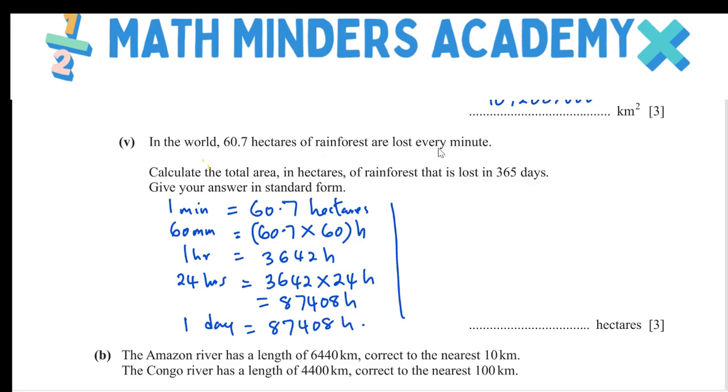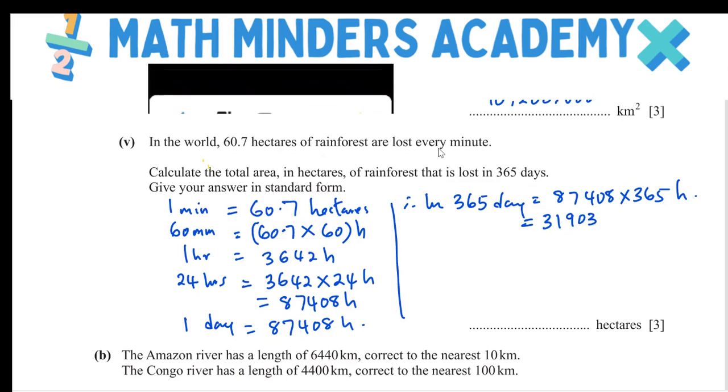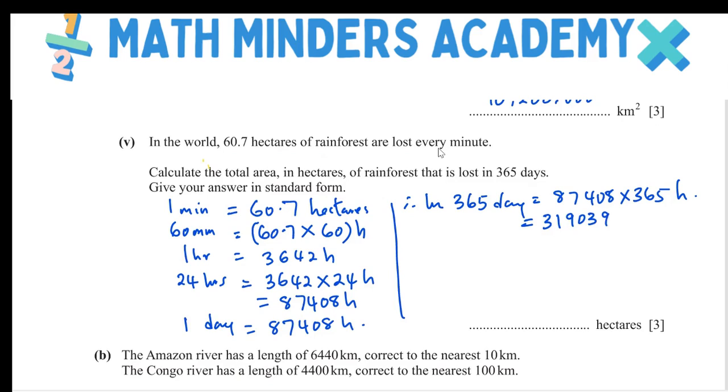So therefore, in 365 days, we are going to multiply by 365. That's 87,408 times 365. Now, we can write this out. It gives us 31,903,920.